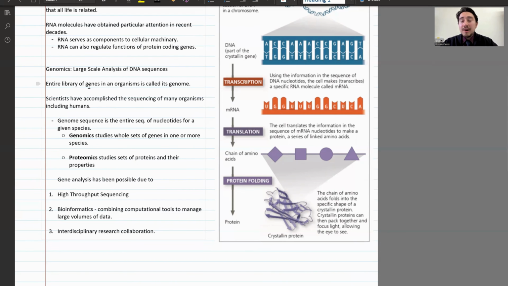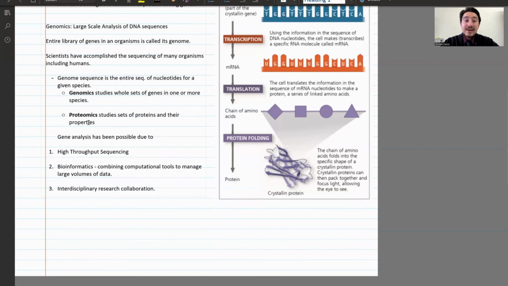All the genes in our body are referred to as the genome, and the analysis of the genome is referred to as genomics. Scientists have sequenced many organisms, including humans.